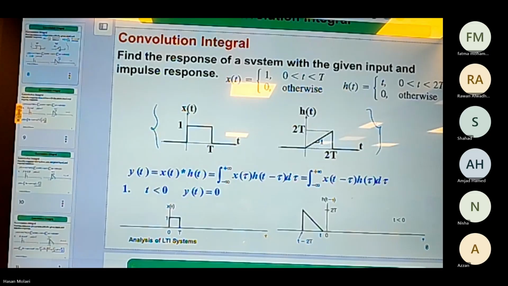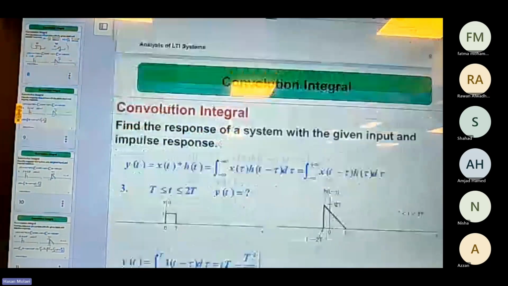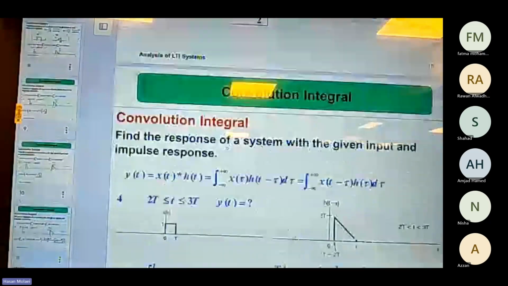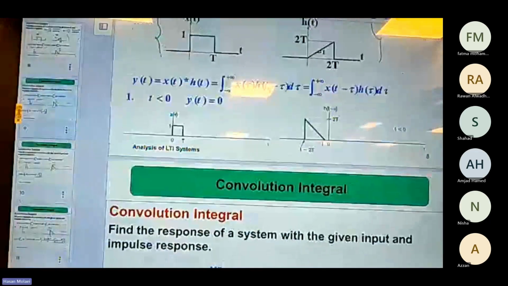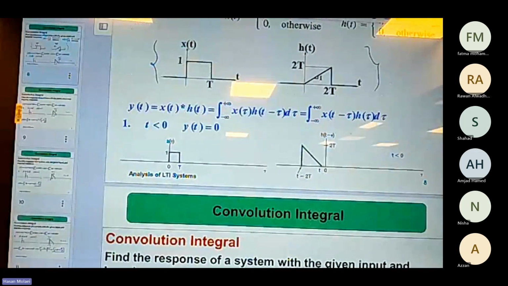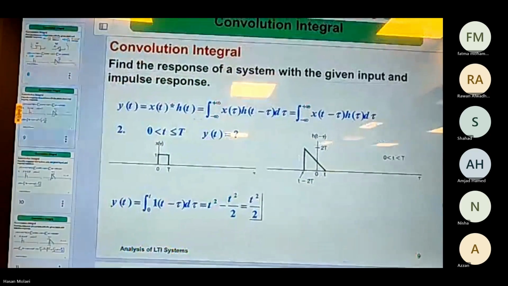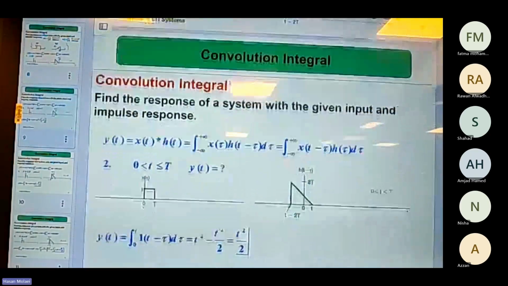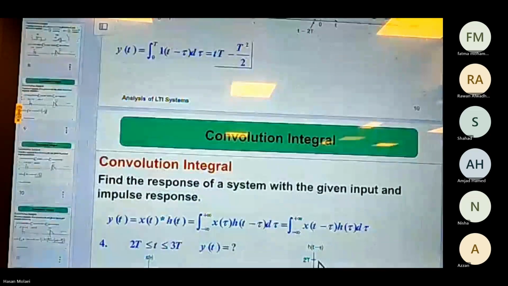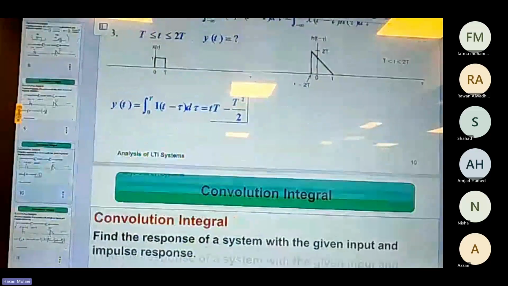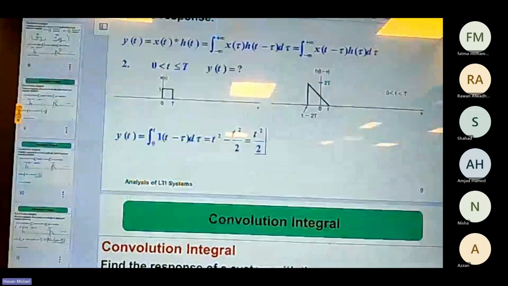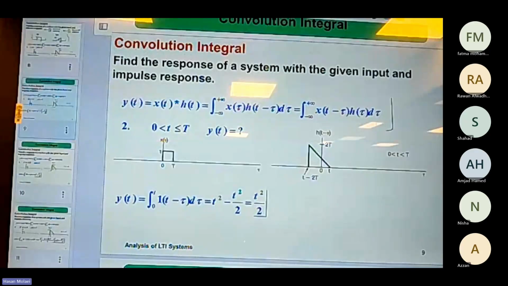Your answer should be the same as this one here, because it doesn't matter. If we solve this one, we treat x. You do this one, you just treat h.